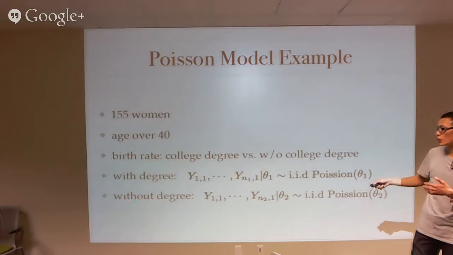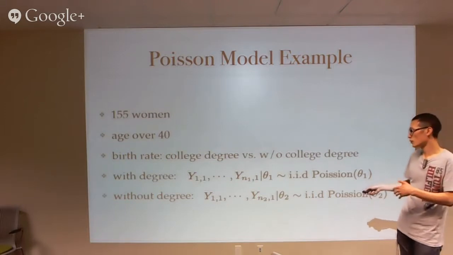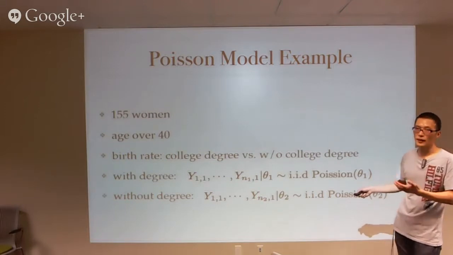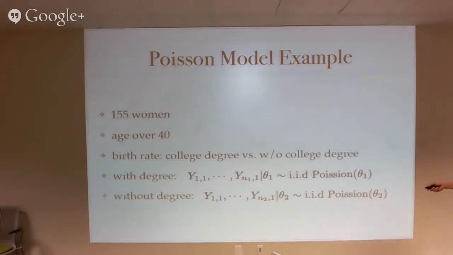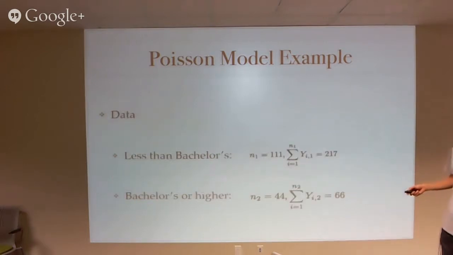And for those without the degree, we use y12 to yn2,2. That means there are n2 women without the degree. They all follow the Poisson distribution, and the first one has parameter theta 1, and the second one has parameter theta 2.